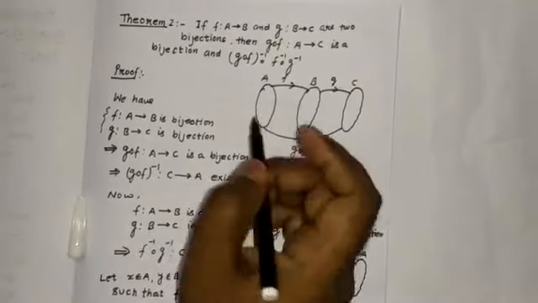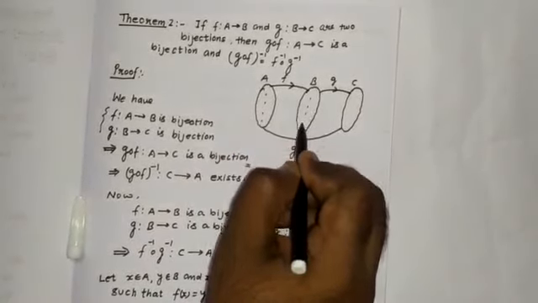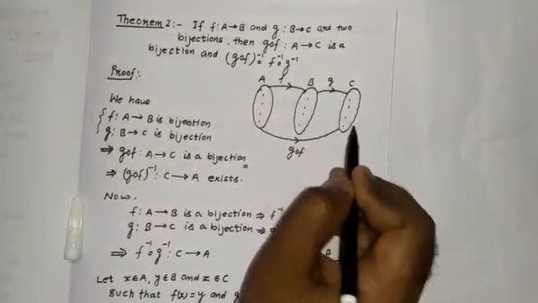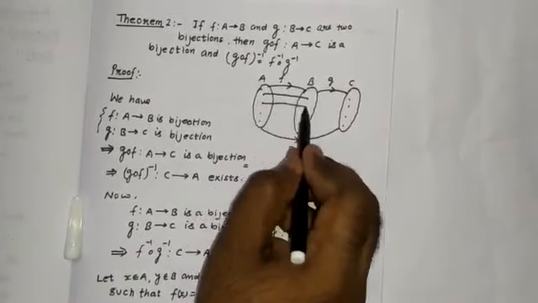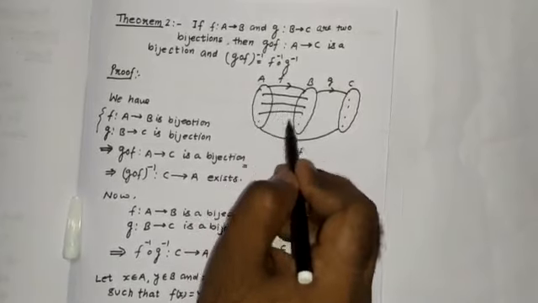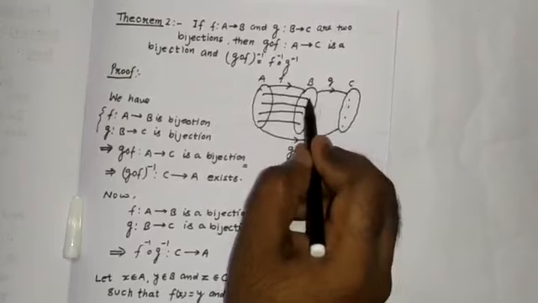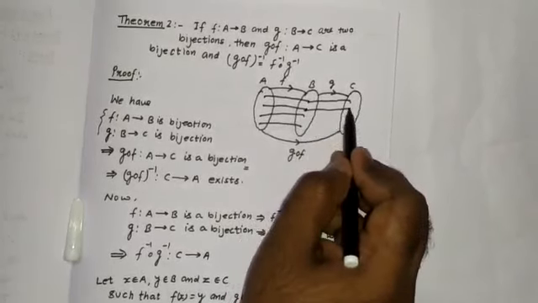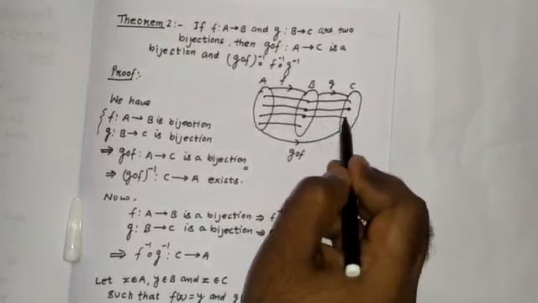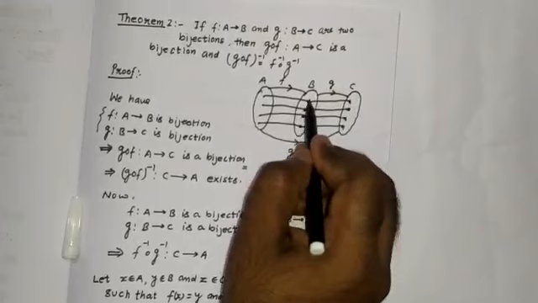Take a few elements like this in A, B and C. This element is associated to this element under f, and under g this element is associated to this element, and this is associated to this element, and this element is also associated to this element. Okay, you can understand that by this.